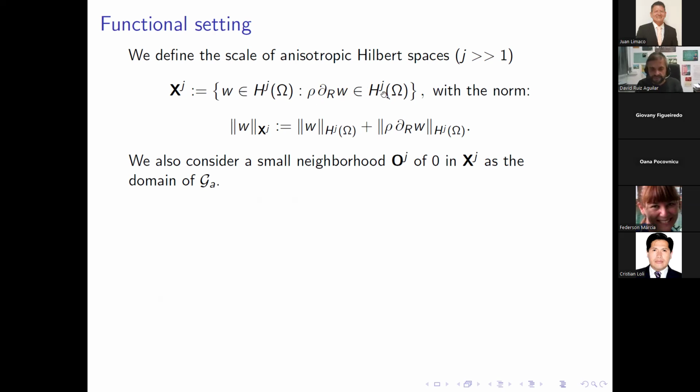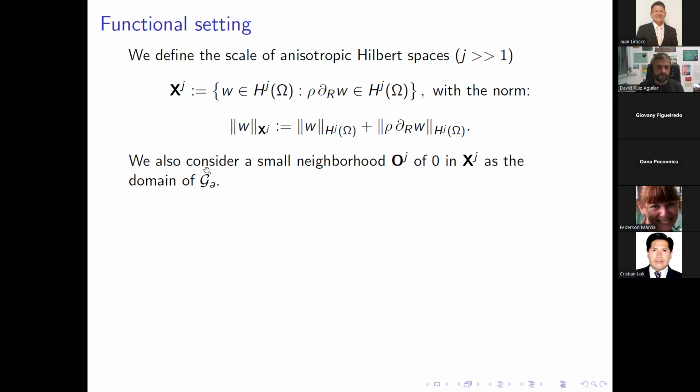So basically, what this tells you is that you can compute j derivatives on W, and you can also compute j+1 derivatives on W as long as at least one of the derivatives is with respect to R, and if you multiply it by rho, then this belongs to L2. So this is the idea of this space.